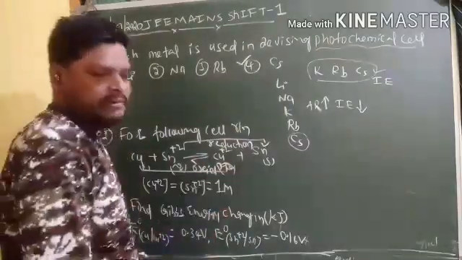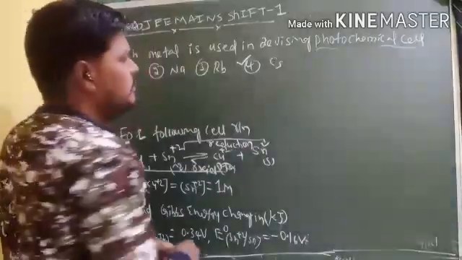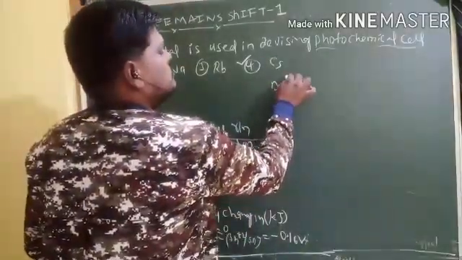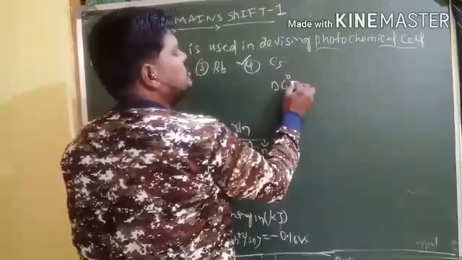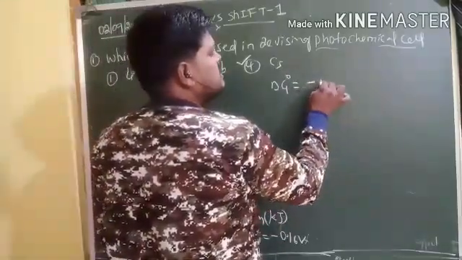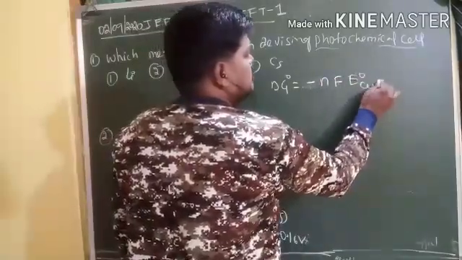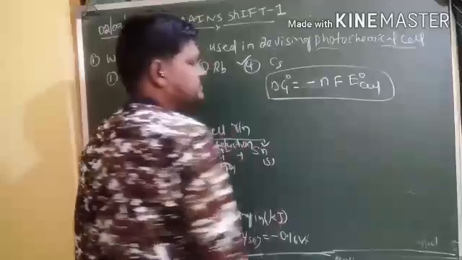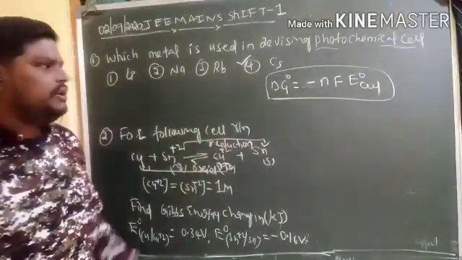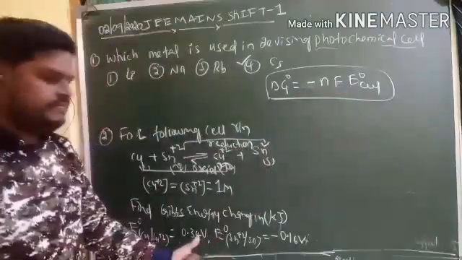So what is our formula? The change in Gibbs energy is equal to minus n F E naught cell. So this is our formula, right? But here we don't have E naught cell, sir.